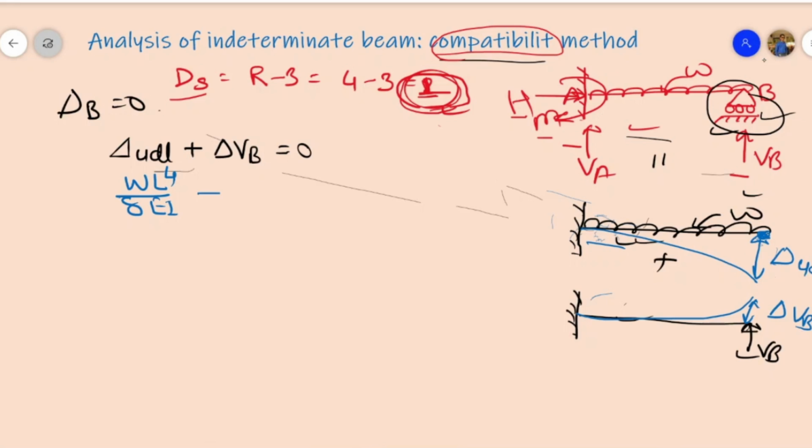Another thing you have to remember: when a cantilever beam is loaded with a point load at the free end, the deflection at the free end is how much?